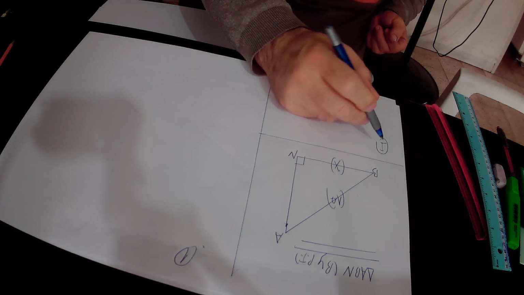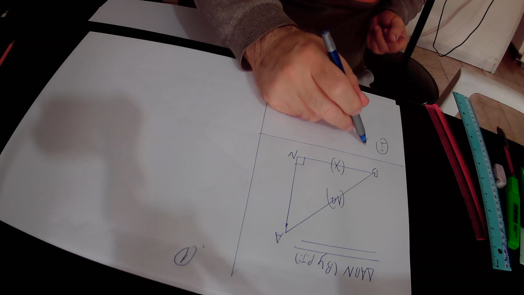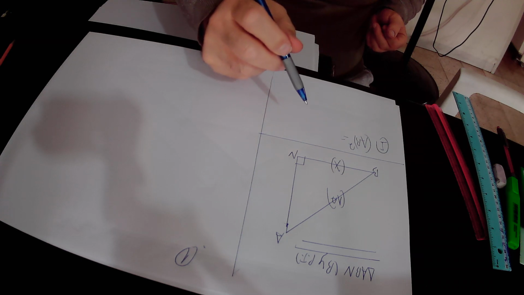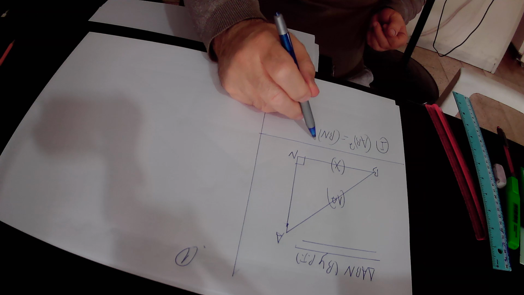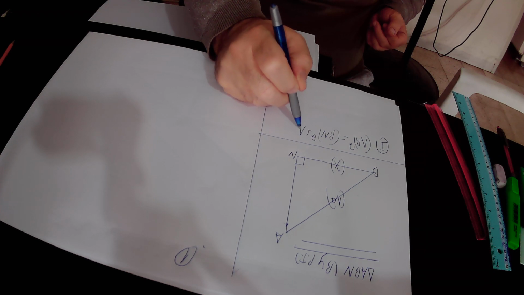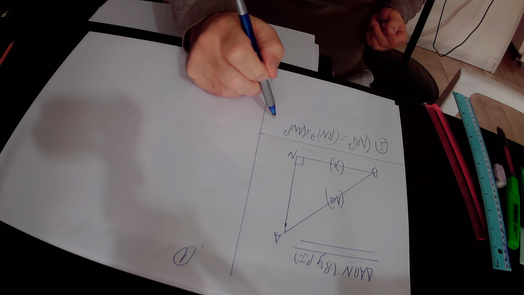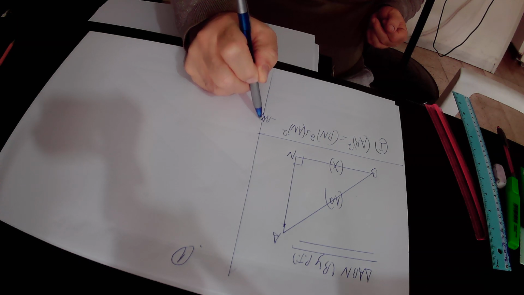The hypotenuse in this right triangle ABN is AB, therefore the square of the hypotenuse is AB square, and it equals BN square plus AN square. Equation 1.